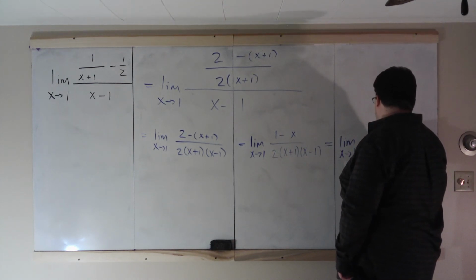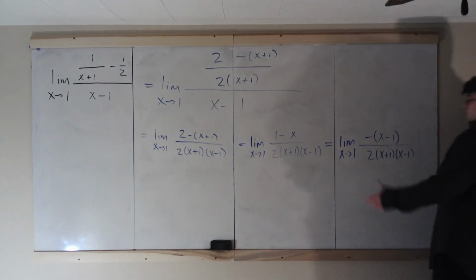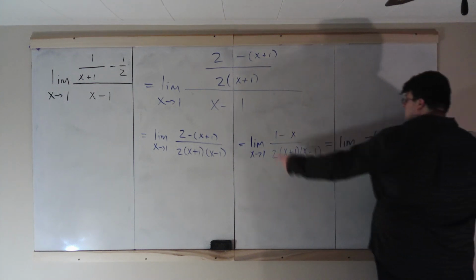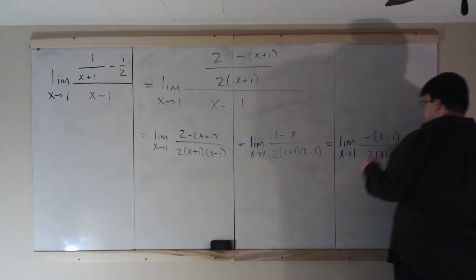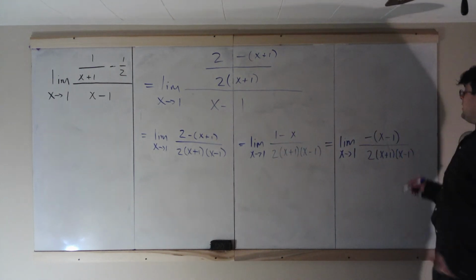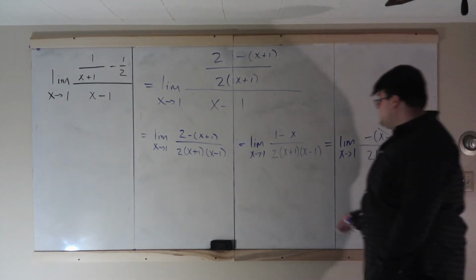So that means they differ by a negative. So we can, in the top, factor out a negative 1. Factor out a negative 1 from negative x, you have just x. Factor out a negative 1 from 1, you have a negative 1. And here, the x minus 1s will now cancel.